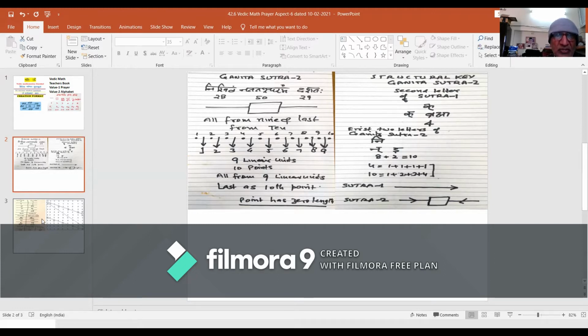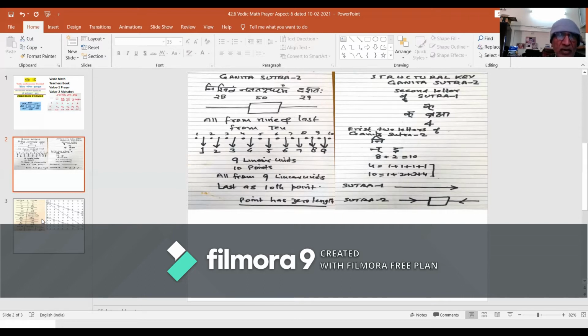The natural question will arise: when all are from 9, then how can the last be other than from 9? It is this feature, it is this value which deserves to be imbibed.